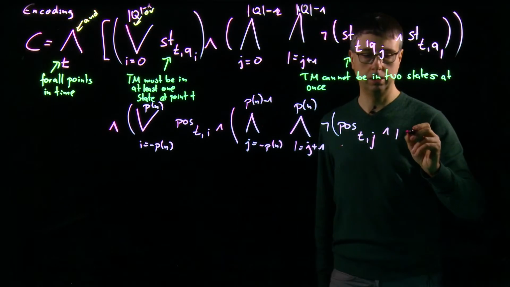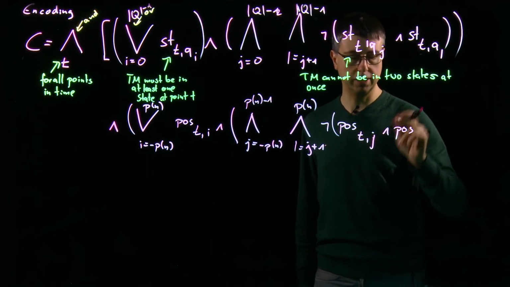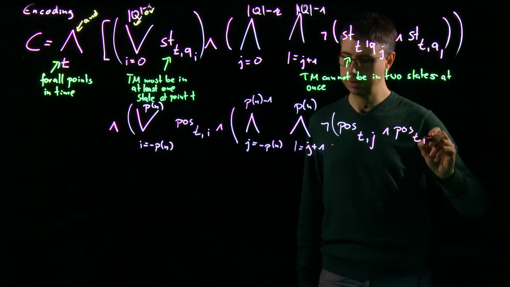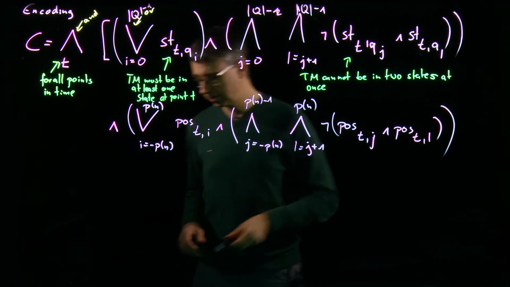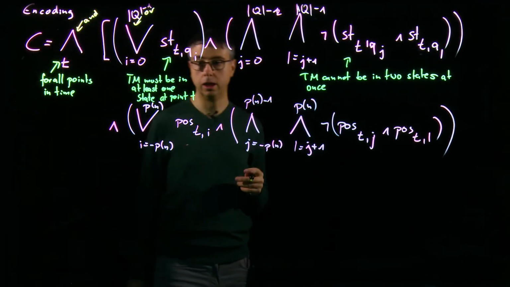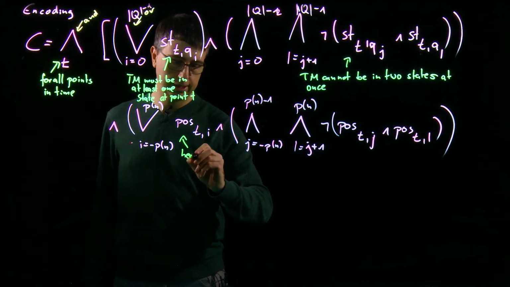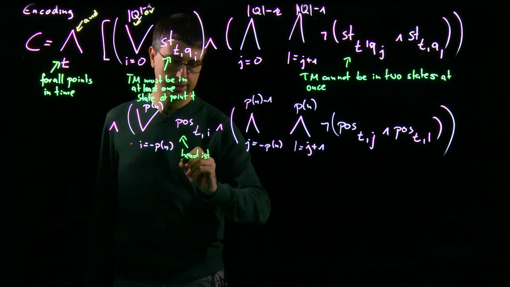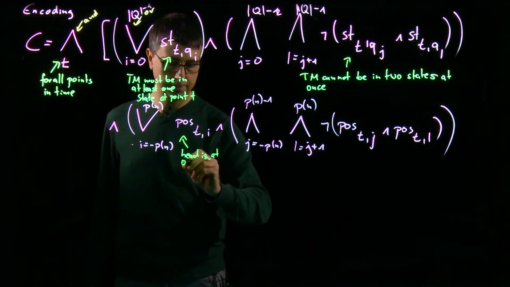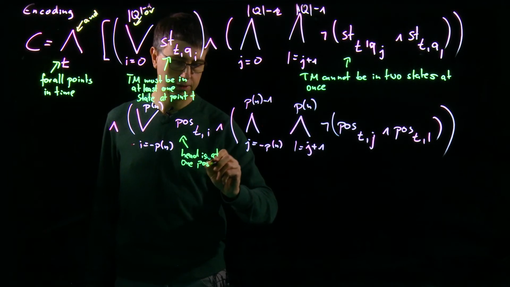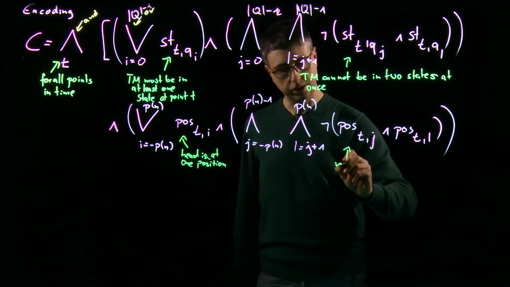Only one can be true, so either this or this must be false. So this one here encodes the same requirement for the position of the head: the head is at one position, and not at two positions.